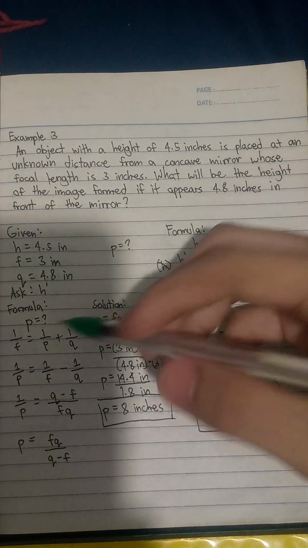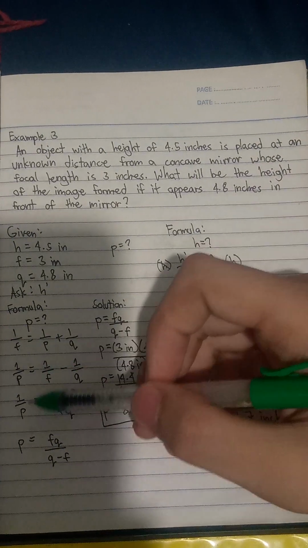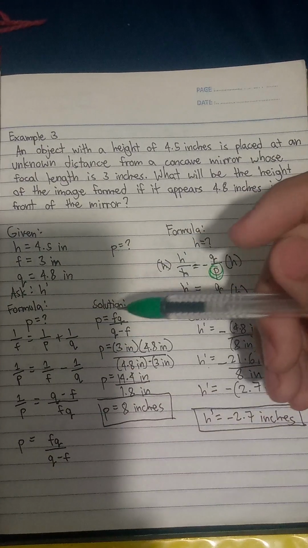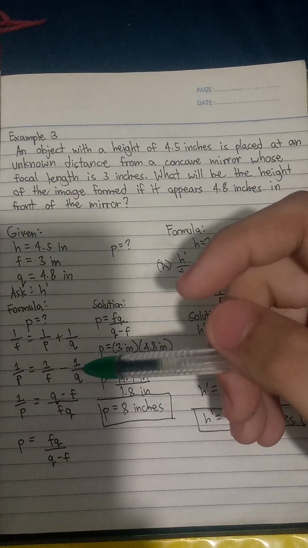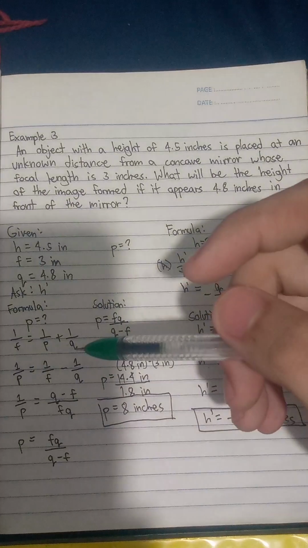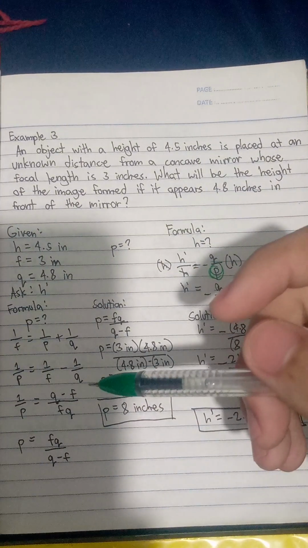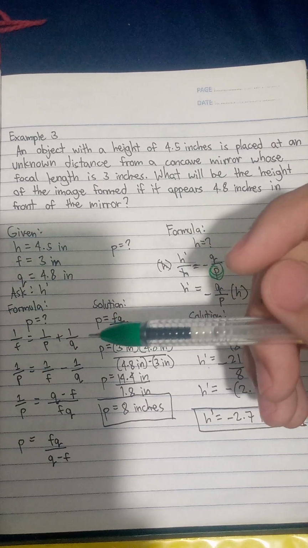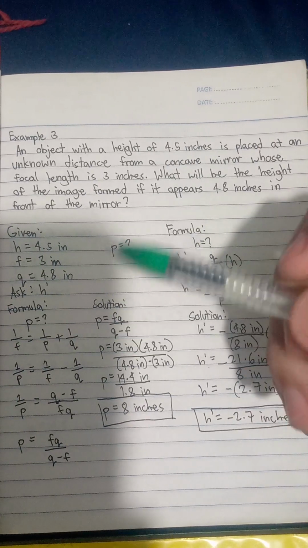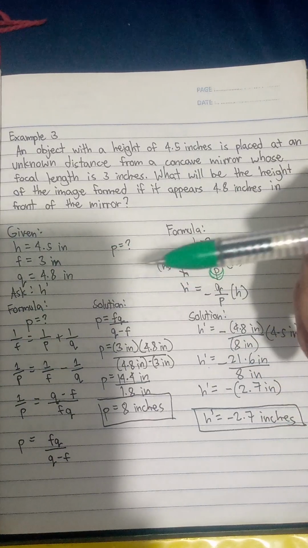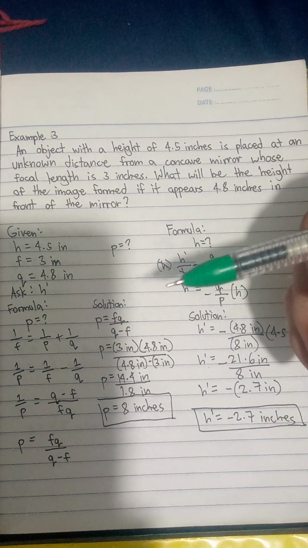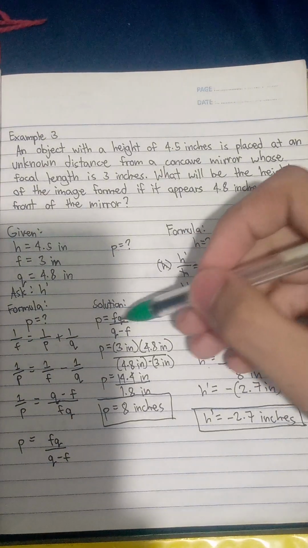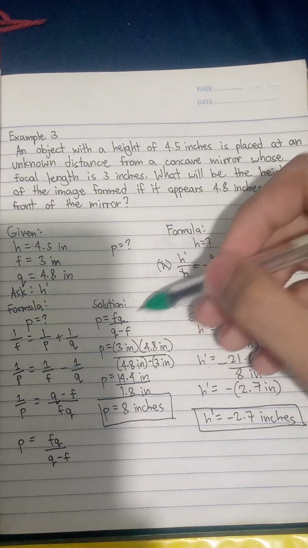Derive the equation to isolate p. You know it already. After transposing fractions and merging the right-side fraction, we get q minus f over f multiplied by q. Then take the reciprocal to make p a whole number to get its true value. Then replace variables with terms.